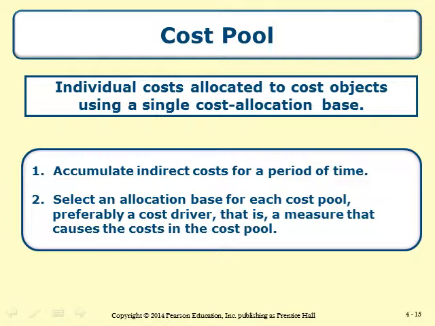Well, how much those costs are usually relates to how many employees I have and what my total wages and salaries are. And so suppose that I have $500,000 worth of fringe benefit costs, and I have $1 million worth of salaries and wages. So my cost pool is the $500,000 worth of fringe benefit cost. My cost base, or the driver of those, is total salaries, or $1 million.